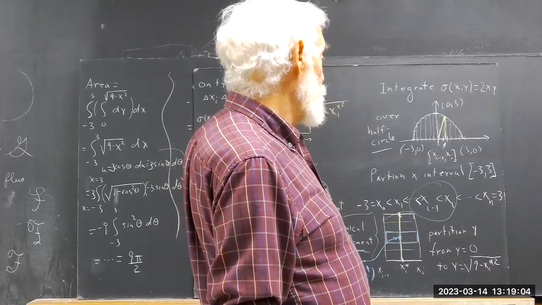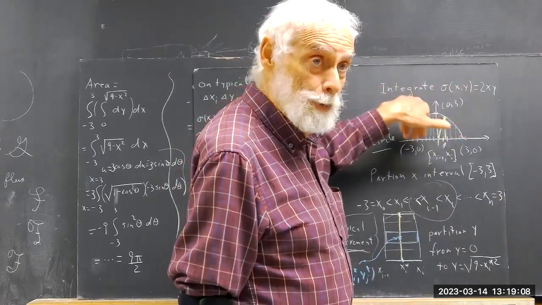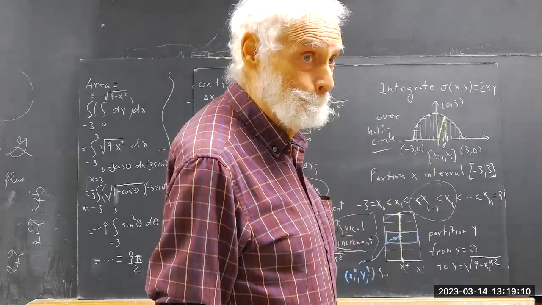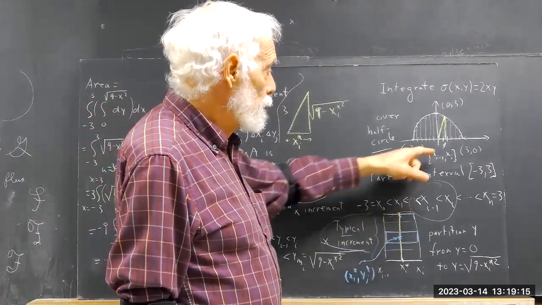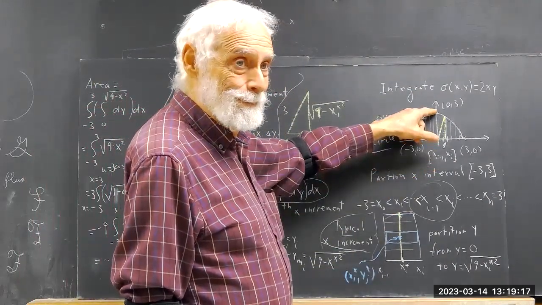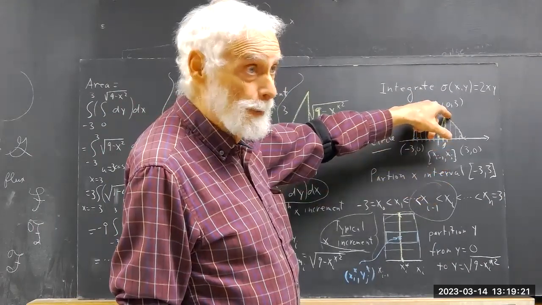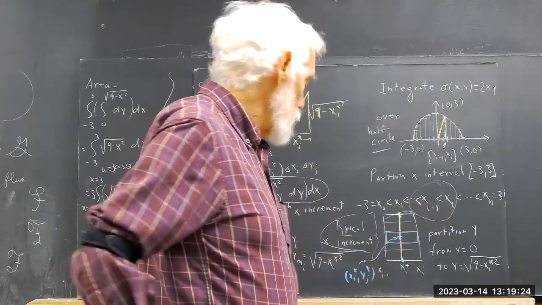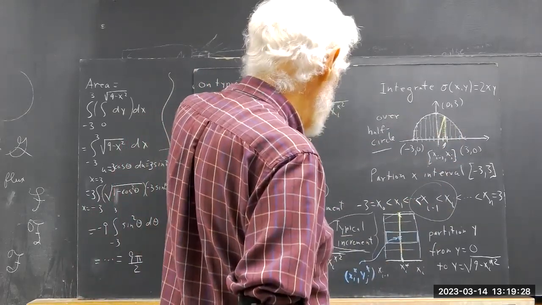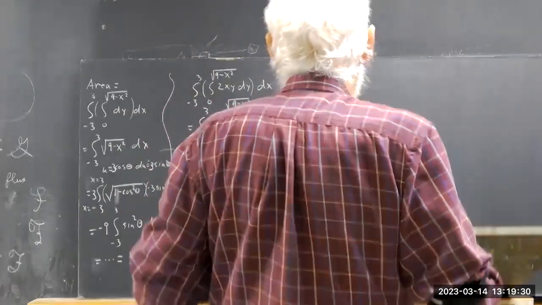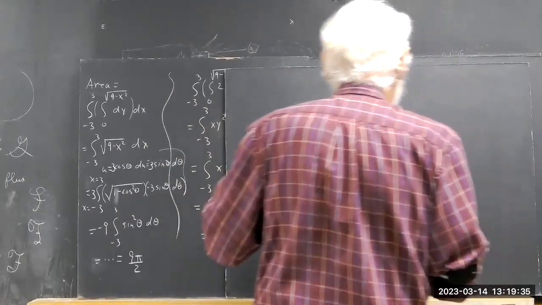You don't say y goes from 0 to 3. That would give you a rectangle, as you know. Well, it goes from 0 to 3 if you're here. If you're out here at x star, y goes from 0 to the square root of 9 minus x star squared. Well, same idea.